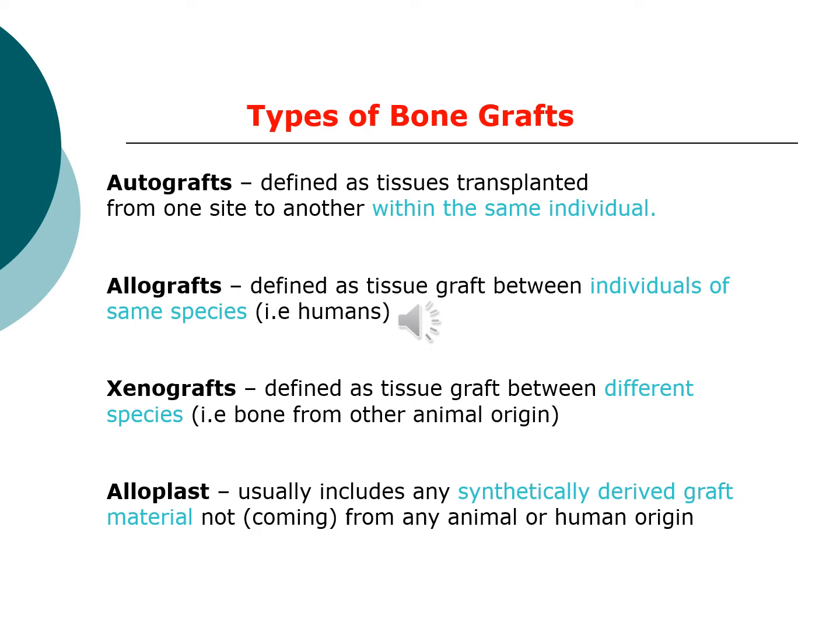That becomes an allograft. What are xenografts? Grafts obtained from a different species, that is, of animal origin, for example a cattle bone. And the last is alloplast, which is a synthetically derived material, and they don't come from any human or animal origin.